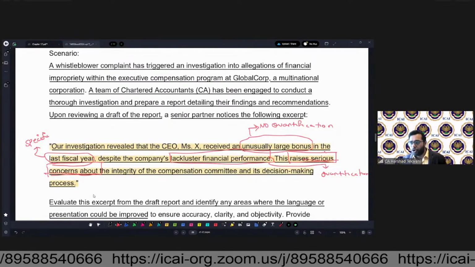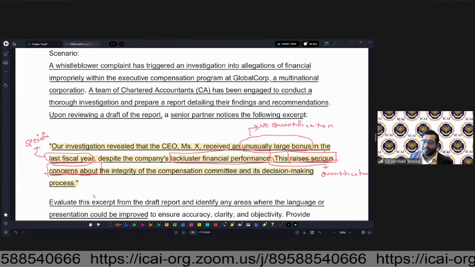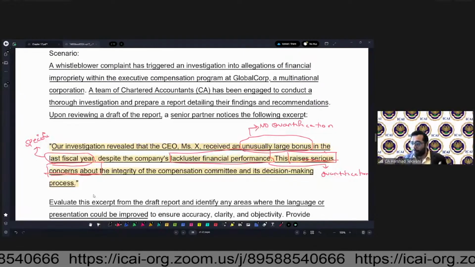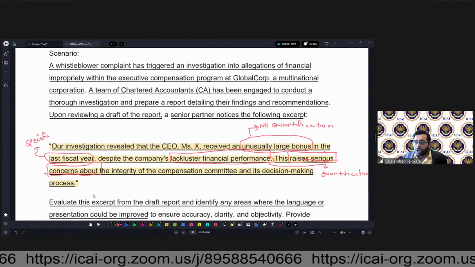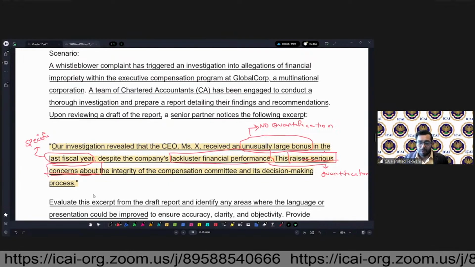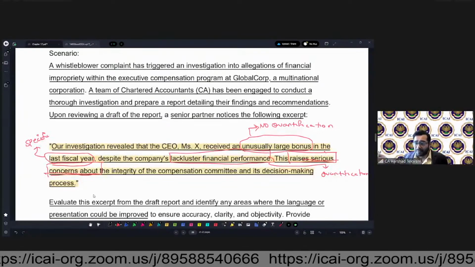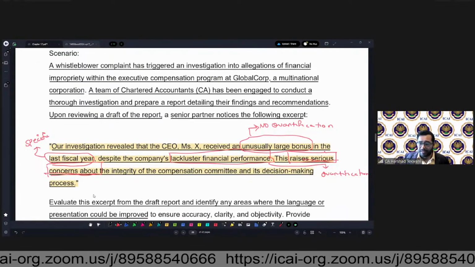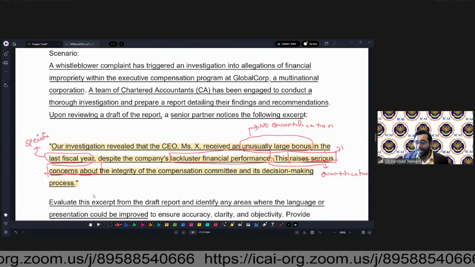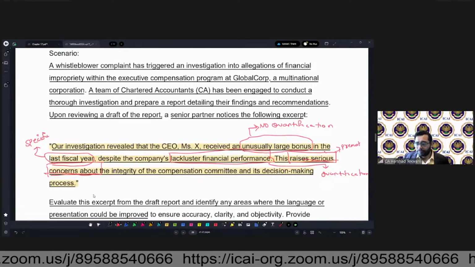Now in the report, if you state that this raises a serious concern, that is again a premature conclusion, meaning you are not giving a conclusive outcome of your investigation. You are just raising the concerns. Okay, that is not something that is required to be done. This is a judgmental or premature conclusion.